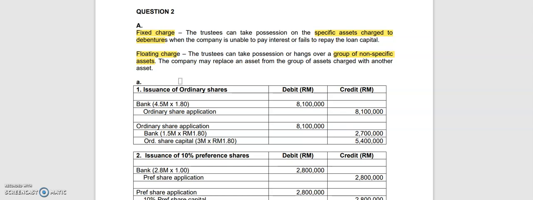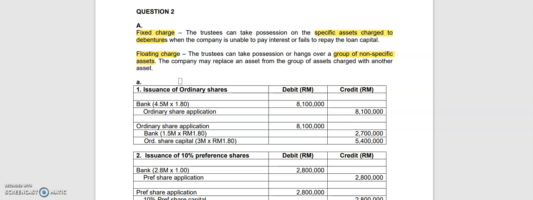For example, at the first agreement, the company decides to put the land as the charge over the debenture. But later on, when the company thinks that the asset is not fit, they can change for another asset within the same group. Maybe previously you decided to use land at Kuala Lumpur, but after that you do not want to use that land because it is profitable if you sold it, so you replace it with other land, maybe land in another state.